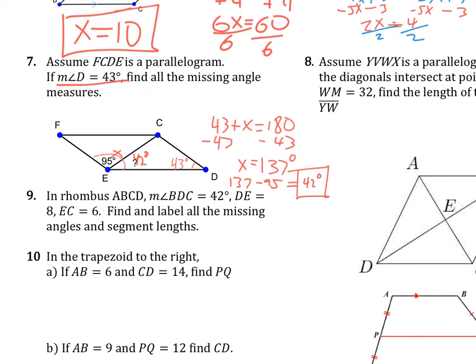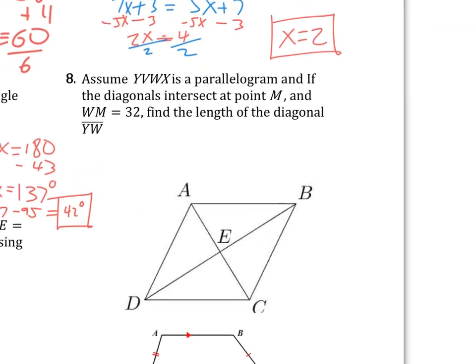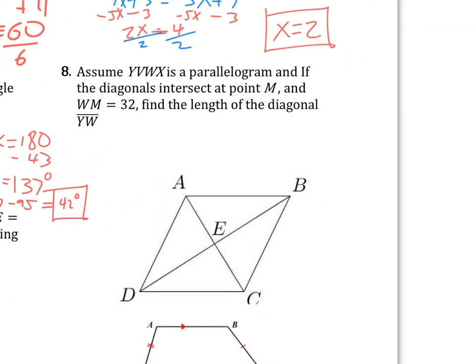All right, so cruising along, number 8 here, we've got a parallelogram. The diagonals intersect at point M. Again, a drawing might be helpful here, so let's draw it up. Something like this. It's just a parallelogram, nothing special about it.